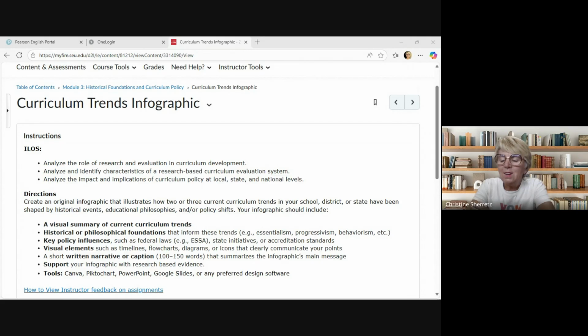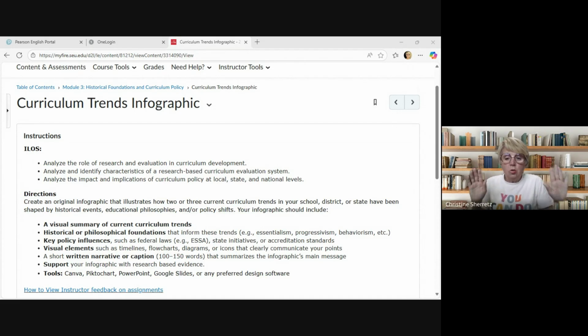I want some kind of visual elements: timelines, flow charts, diagrams, icons. I don't care. Be creative. Then you'll have a short narrative, maybe just 100 words, 150, describing this. So the point of this infographic is for you to create a visual that shows a couple of curriculum initiatives, and they might be related, or maybe they're not related.